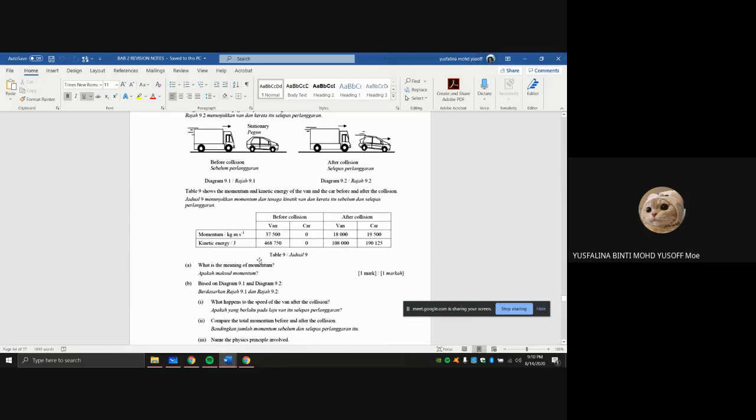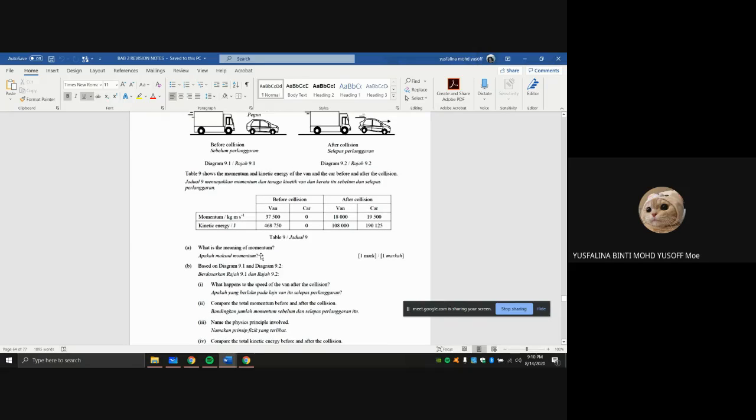The first question asks you the meaning of momentum. So mass multiplied by velocity. Okay, diagram 9.1 and diagram 9.2, asking what happened to the speed of the van after the collision. You can see the speed of the van will decrease. Why?